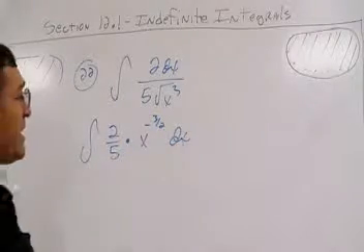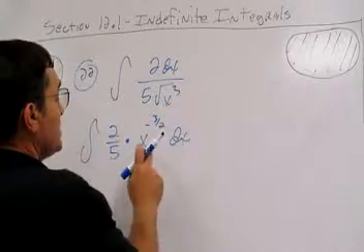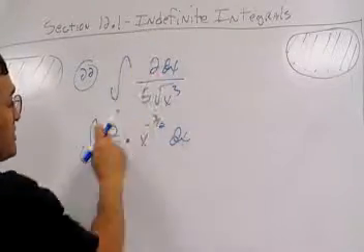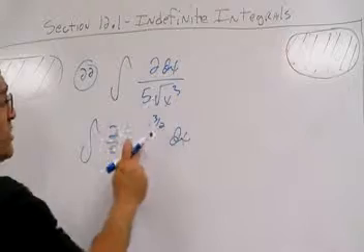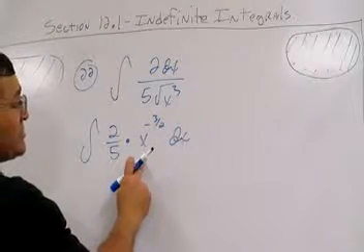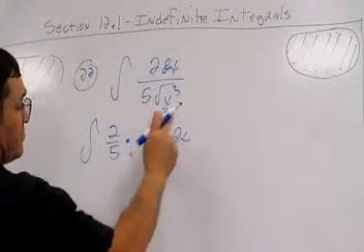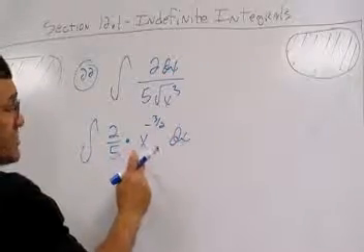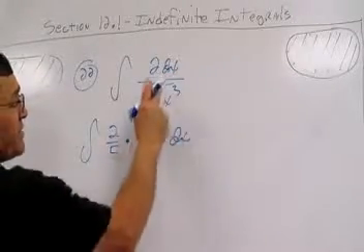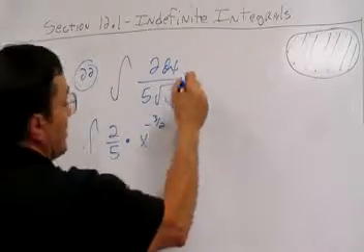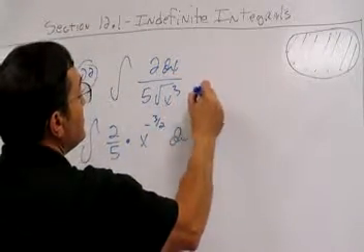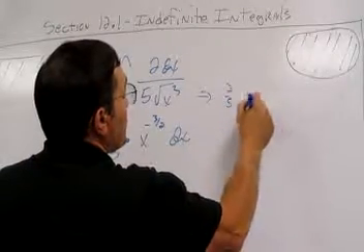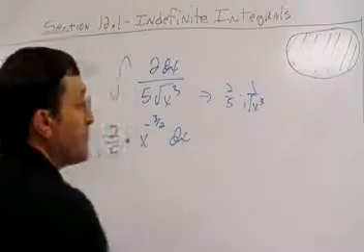Now, how did I get from the written problem to this? I broke this apart into 2 fractions. 2/5 times 1 over x to the 3/2 would be what you have there. That would be the same thing as 2/5 times 1 over the square root of x cubed.